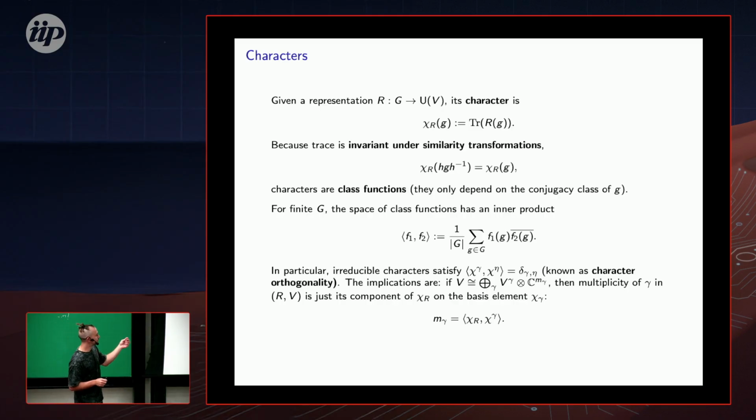Most importantly, they will allow us to compute the multiplicity of any representation. If we have access to evaluating the character of a representation, we can compute the multiplicity of any irrep by taking the inner product of the character of R with the irreducible character, gamma. Let's see why.